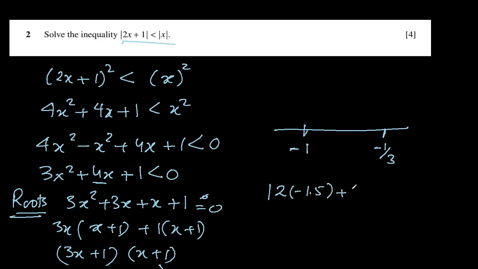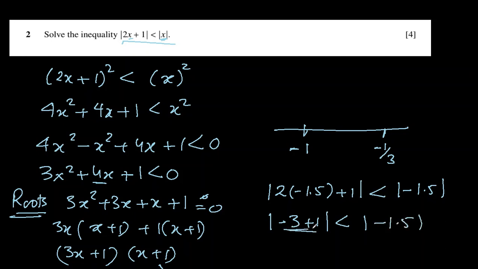So in place of these x's, I put negative 1.5. So it becomes negative 3 plus 1, less than negative 1.5 absolute. Negative 2, absolute is 2. And this will be 1.5. 2 is not less than 1.5. So no, this is not our answer.